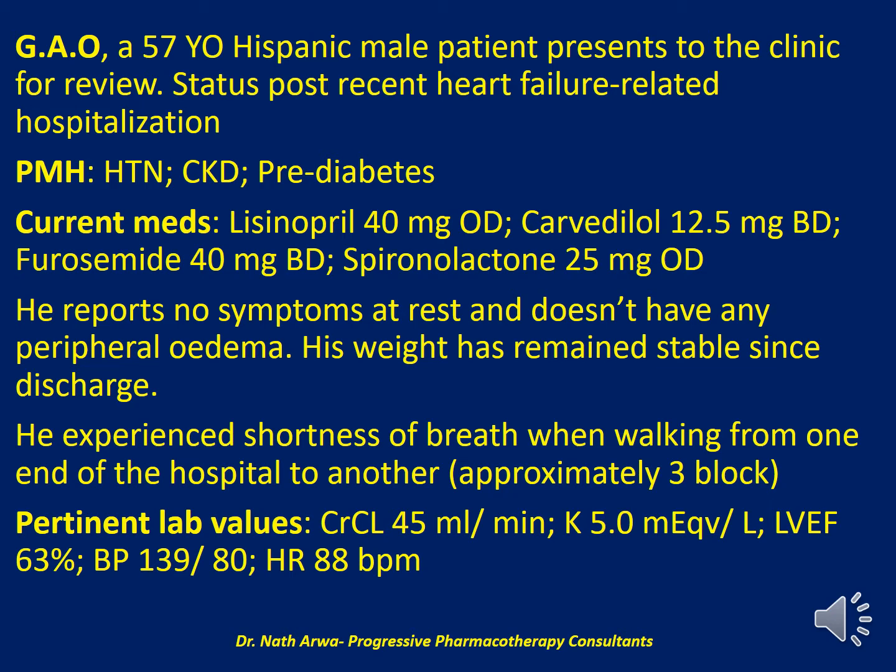Some of the pertinent labs include a creatinine clearance of 45 mL per minute. The potassium level is 5 milliequivalents per liter. He has a left ventricular ejection fraction of 63%, with a blood pressure of systolic 139, diastolic 80, and a heart rate of 88 beats per minute.